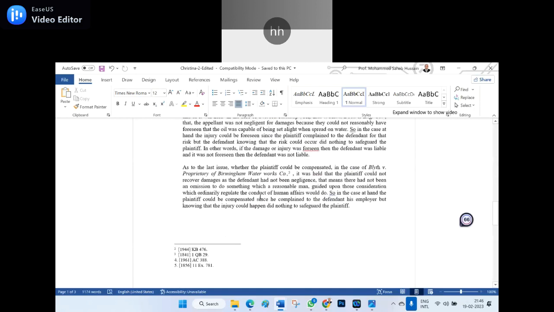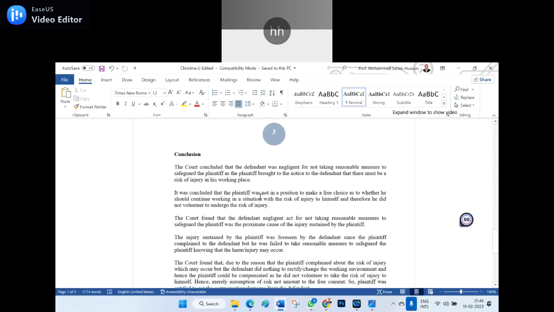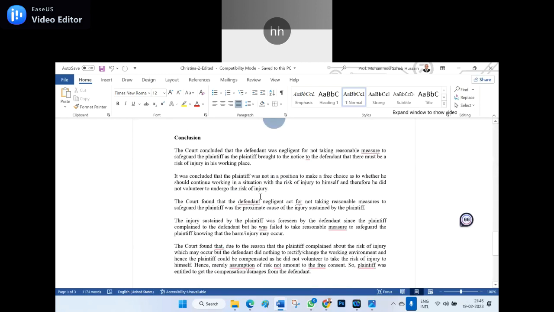Then if there are 5 issues, then 5 paragraphs of the conclusion should appear. How many paragraphs? If the 5 issues are there, anyone can unmute and give me the answer. If the 5 issues are there, how many paragraphs in the conclusion should come? 5 paragraphs, Professor. Yes?